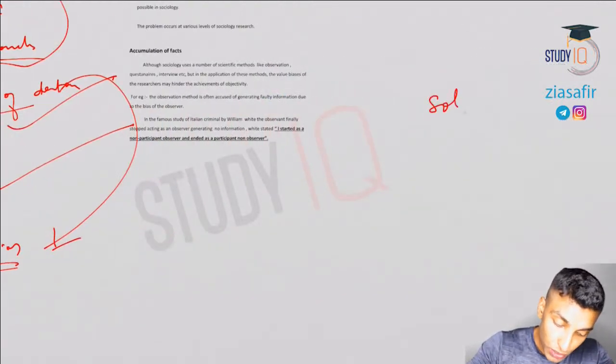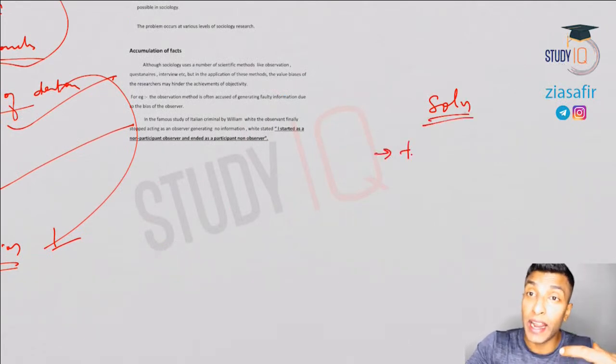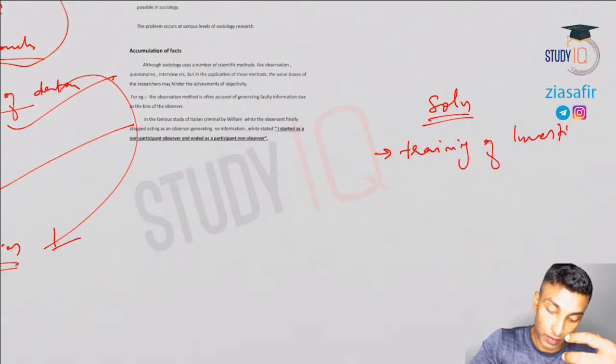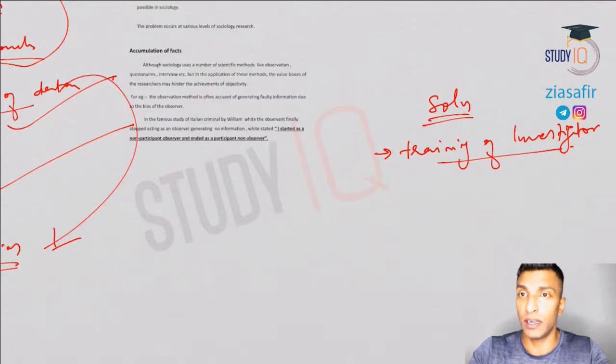If you talk about solution, first thing that you can say is proper training of the investigator. You train the investigator properly, you can ensure objectivity. According to Weber, training is a basic prerequisite for objective sociological research.